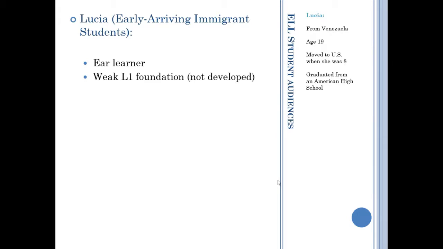But what's different about her is typically these students have a pretty weak foundation in their first language. Why? Because she was in school in Venezuela, then she was in school here, and she hasn't been in an environment to kind of cultivate these literacy skills in her first language like James was.